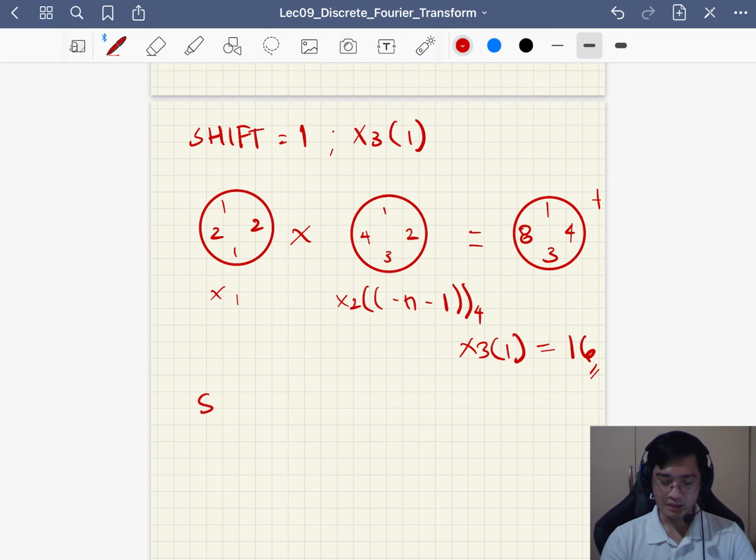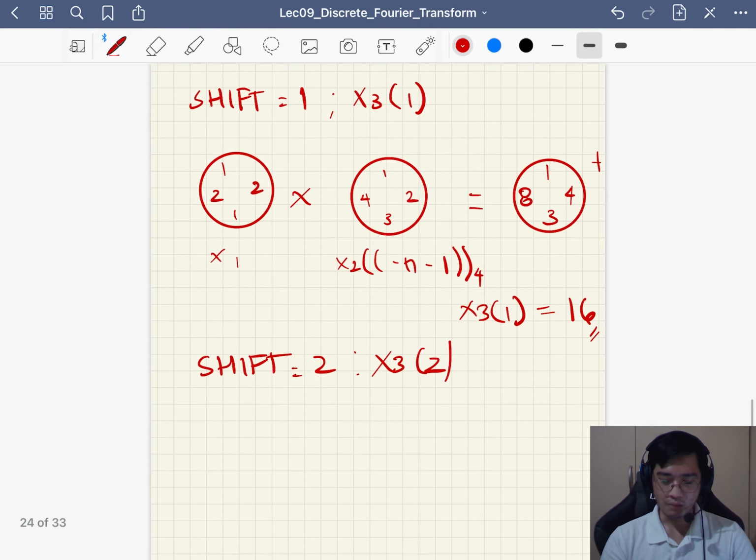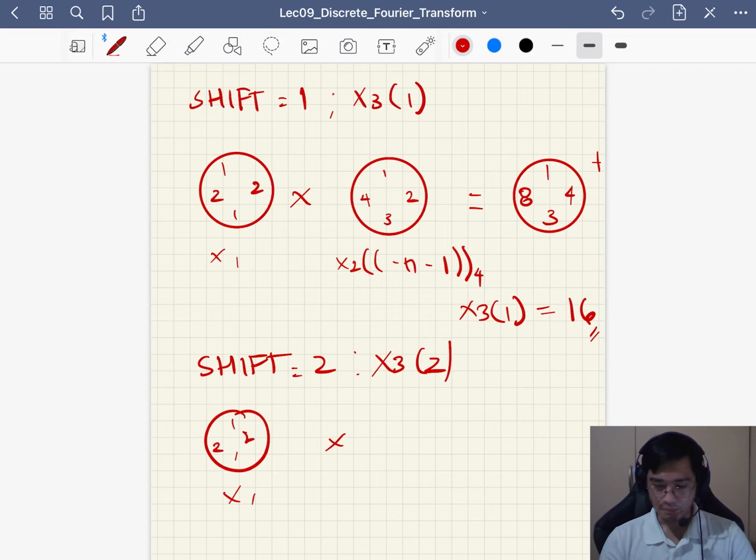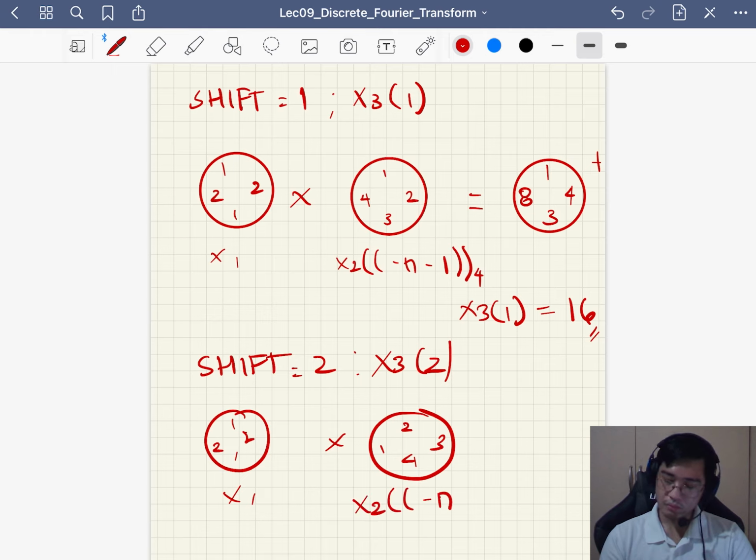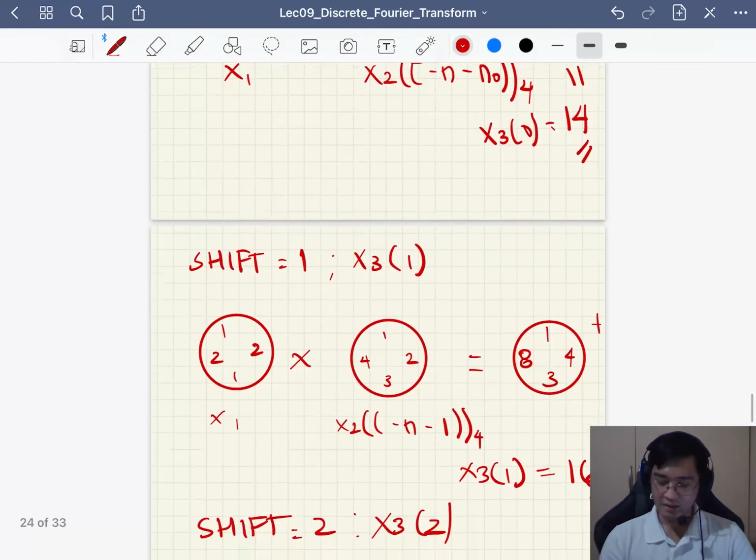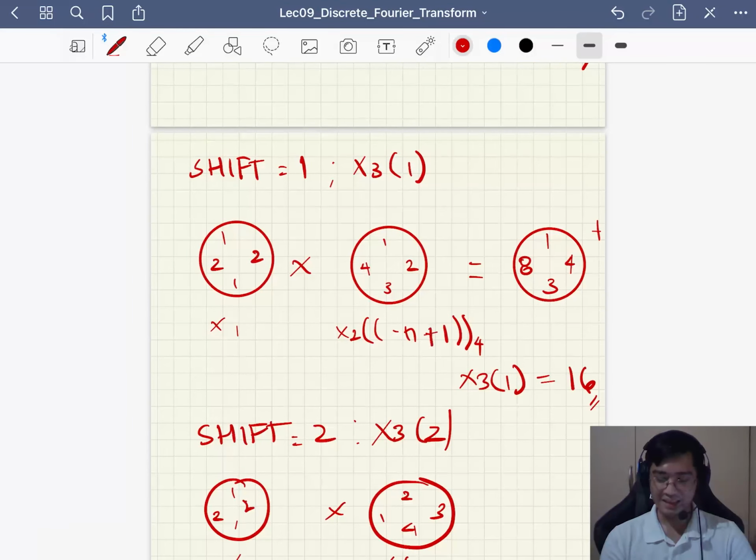We are left with shift is 2 and shift is 3. So we are getting x3 of 2. This is equal to 2, 1, 2, 1 multiplied by 2, 1, 4, 3. This is x2 of negative n, not sure if this is right. Negative n plus 1 instead.